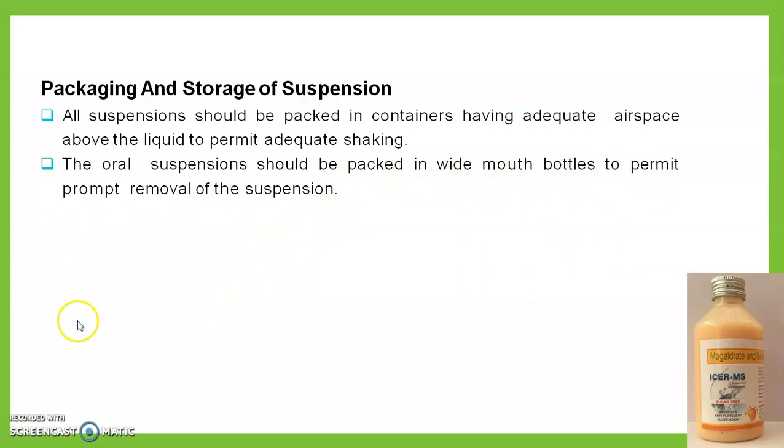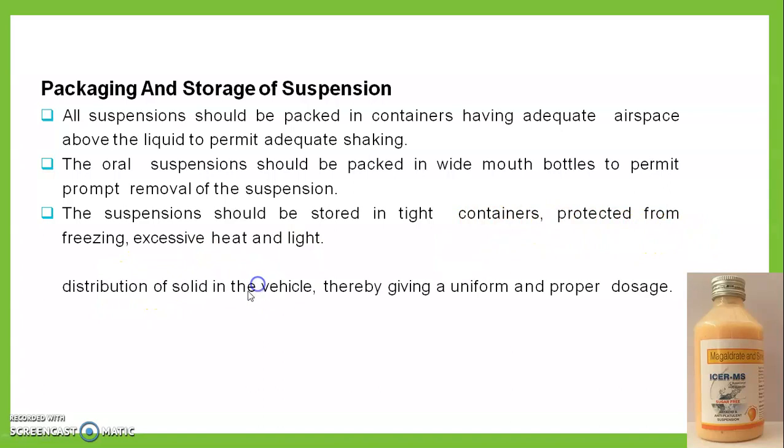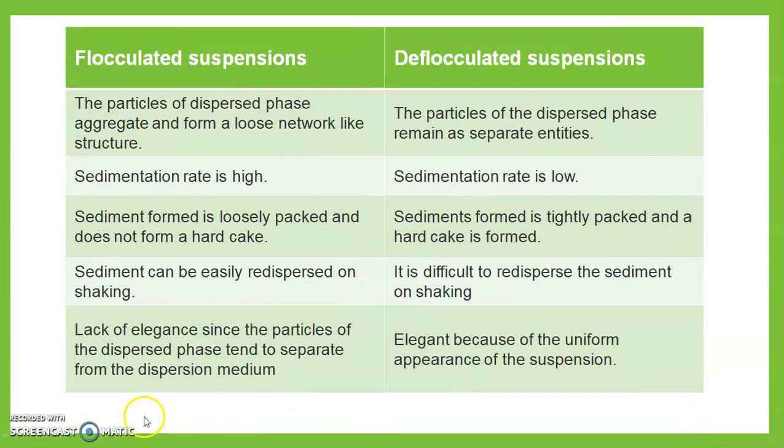Suspensions carry a secondary label, shake well before use, of proper size. The suspension should be stored in a tight container protected from freezing, excessive heat and light. It should be shaken before use to ensure uniform distribution of the solid in the vehicle, thereby giving a uniform, proper dosage.